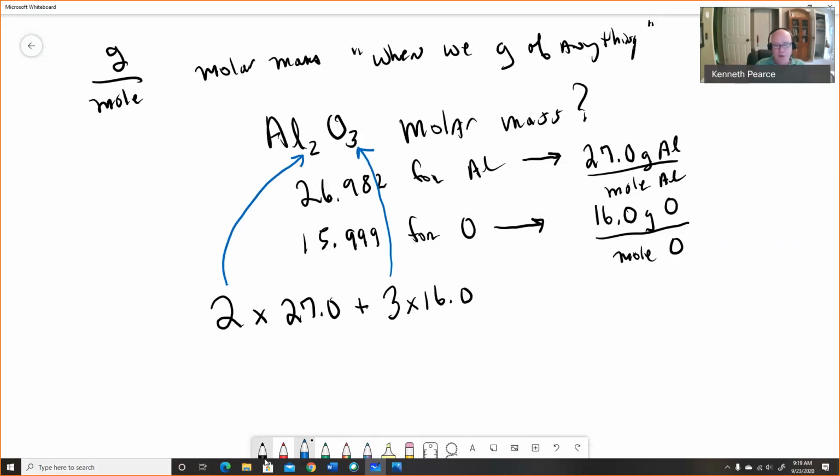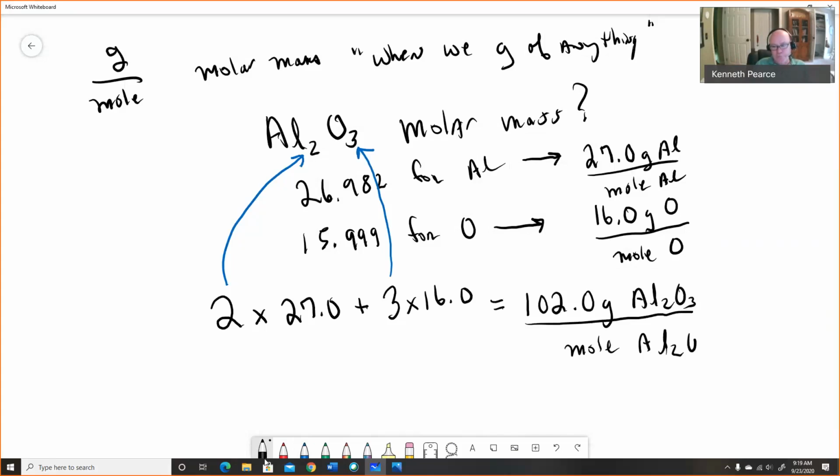And if we add these together, we say 2 times 27 plus 3 times 16, we get 102.0 grams, and this is for the compound aluminum oxide for every mole aluminum oxide. Okay, so now we have the molar mass for aluminum oxide.